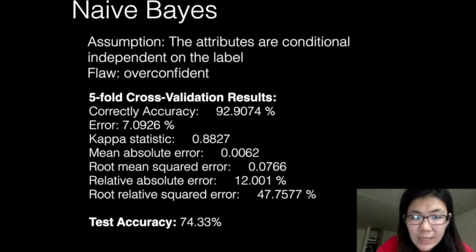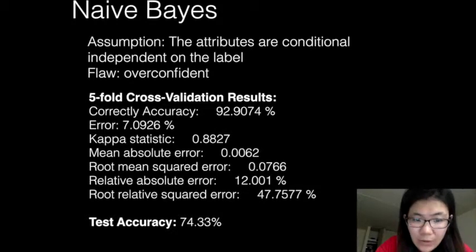One flaw is that it can be overconfident, so the result may be many unlikely outcomes or even a probability of 100%.